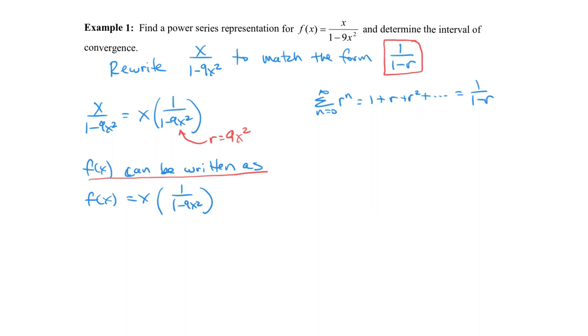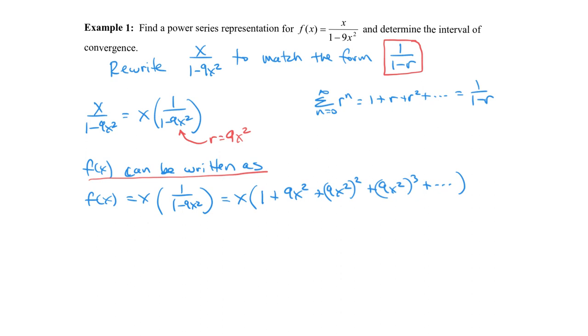So what I would have is the x stays, but then using this 1 over 1 minus r, I'm going to get 1 plus r plus r squared plus r cubed, and so on.